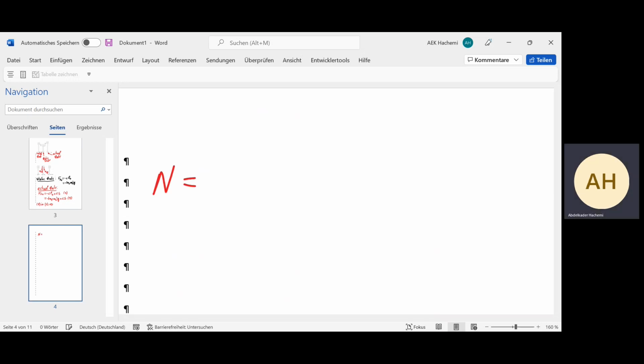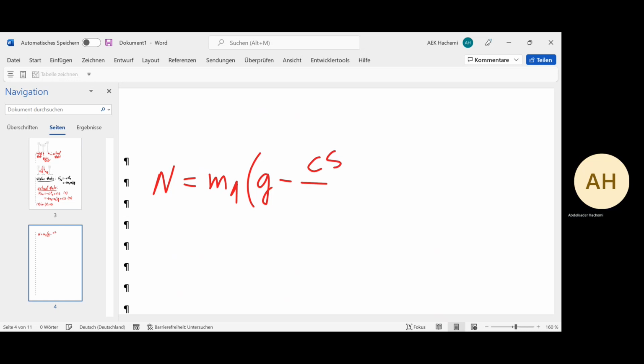N will be equal to M1 multiplied by G minus CS, divided by M1 plus M2.